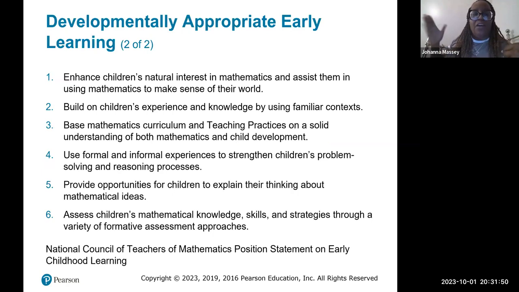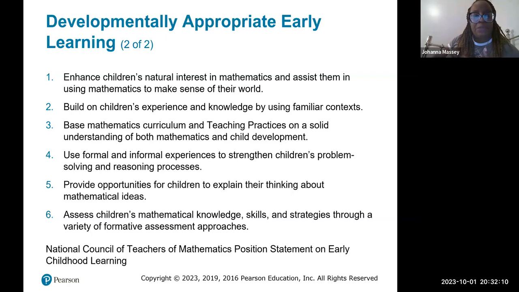So you're making it more real world to them. Build on children's experience and knowledge by using familiar contexts. Base mathematics curriculum and teaching practice on a solid understanding of both mathematics and children's development.